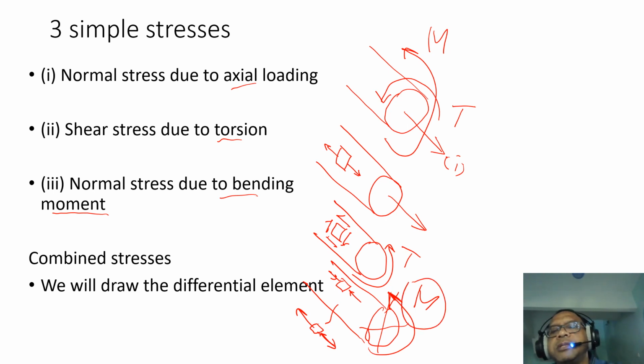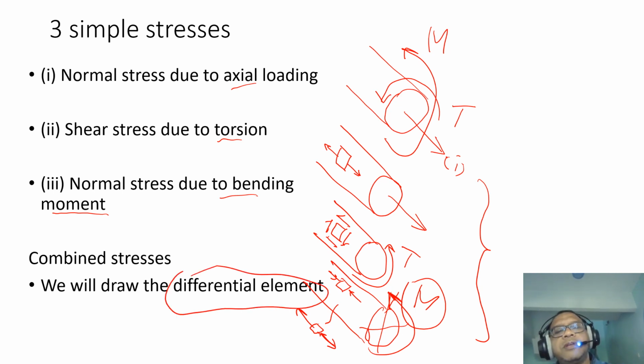So these are the three skills of what we have done in the past two lectures. This is what we were doing: drawing the differential element. So by now, some of you might have achieved the ability to draw the stress differential element and label all the stresses acting on the elements.